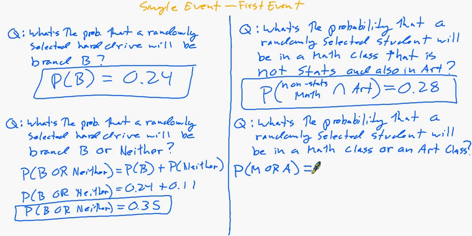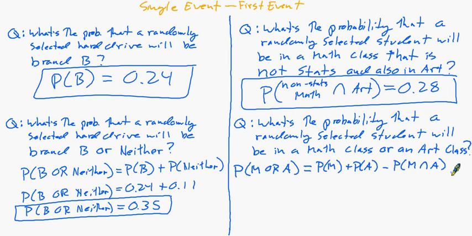So we talked about the formula that you would need for this, which would be the probability of math plus, addition rule, probability of art minus the intersection of math and art. We talked about that using the Venn diagram in the last video.